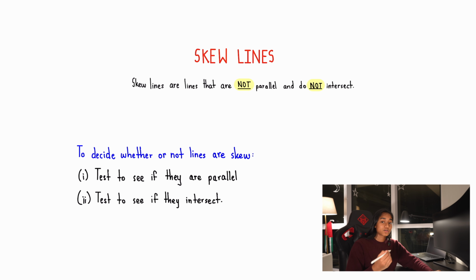So if there is a question that asks if lines are skew or not, to be able to test it, or well, decide if they are skew, we have to do two tests. See if they are parallel and see if they intersect. And if both of these tests are negative, meaning that they are not parallel and they do not intersect, then, my friends, we have skew lines, and it's that simple.